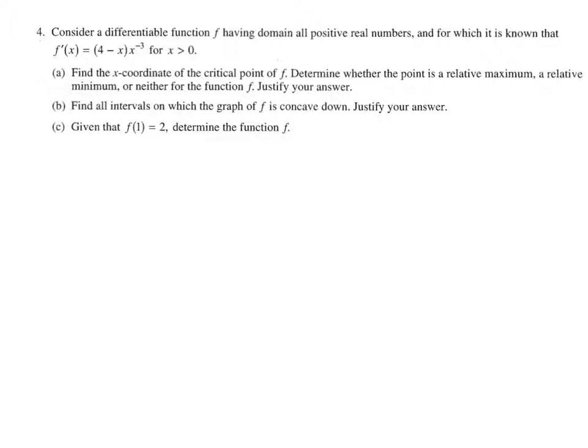And so when you do that, you're going to get f prime of x equal to 4x to the negative 3 minus x to the negative 2. And now that's just a power rule, so you can integrate that. And once you find the antiderivative, remember your plus c. When you use this initial condition, that f of 1 equals 2, that will help you find c.